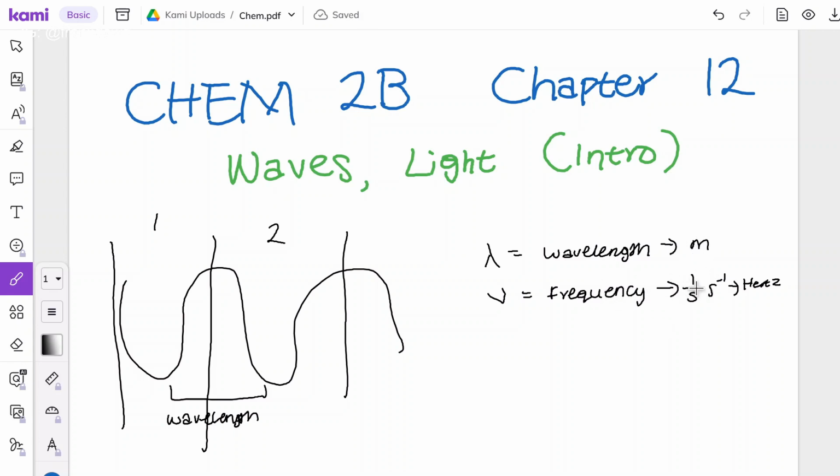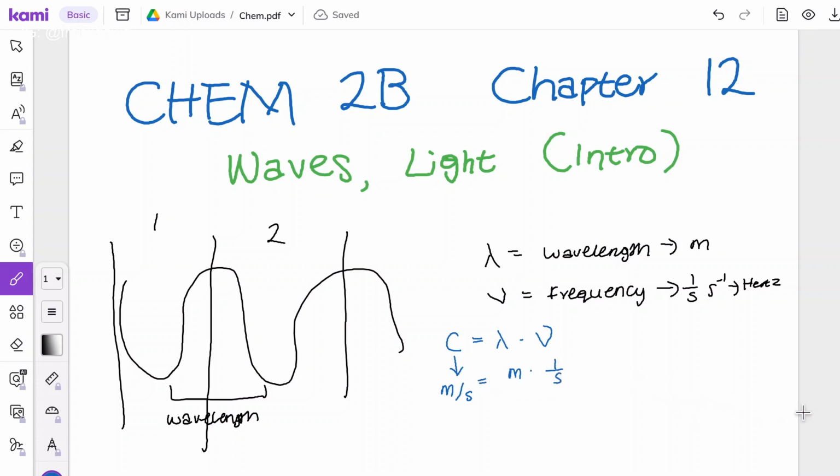But it's basically 1/seconds. And the reason it's 1/seconds is because there's an equation that contains these two, where the speed of light, c, is equal to the wavelength times the frequency, and the units for c are meters per second, because it's meters times 1/second.